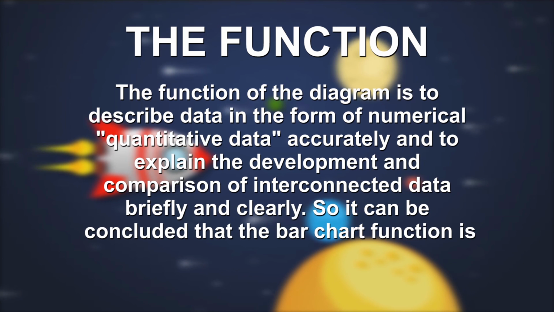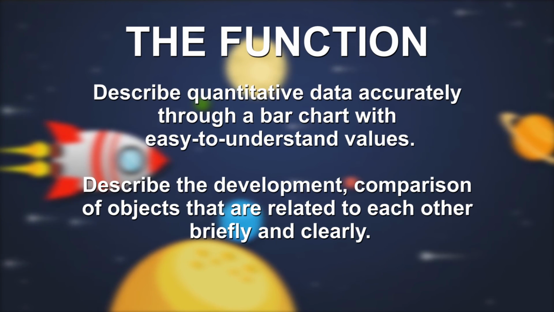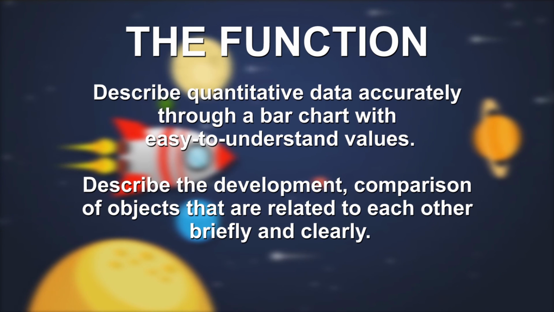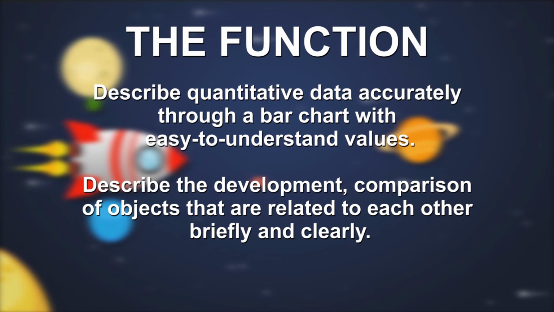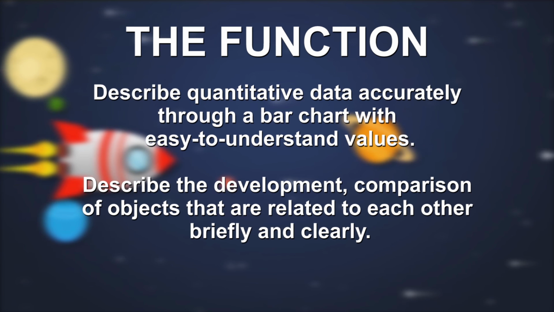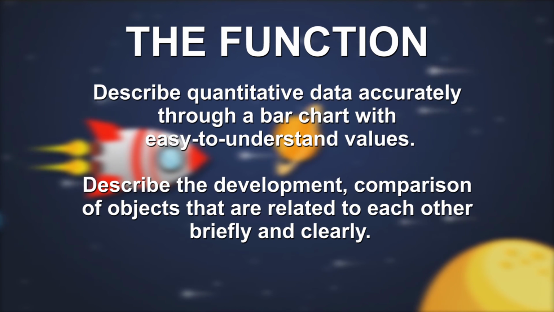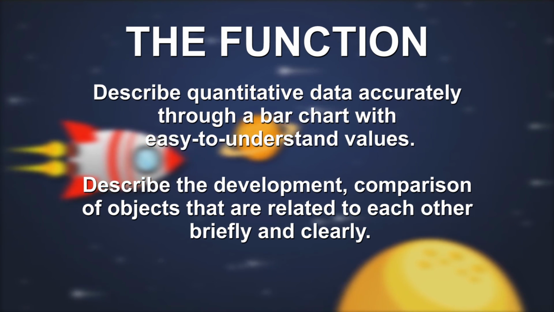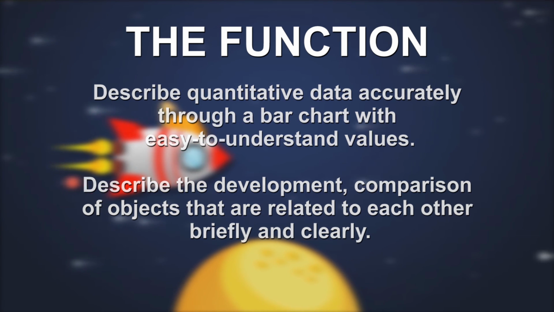So it can be concluded that the bar chart function is to present quantitative data accurately through a bar chart with easy-to-understand values. A bar chart also describes the development and comparison of objects that are related to each other briefly and clearly.